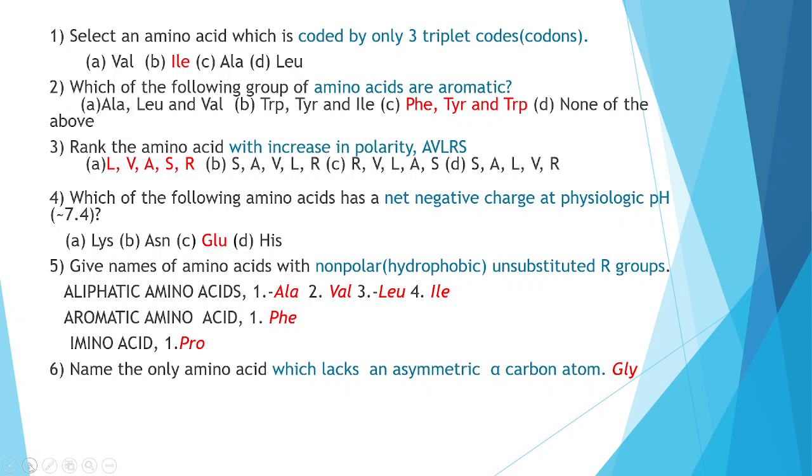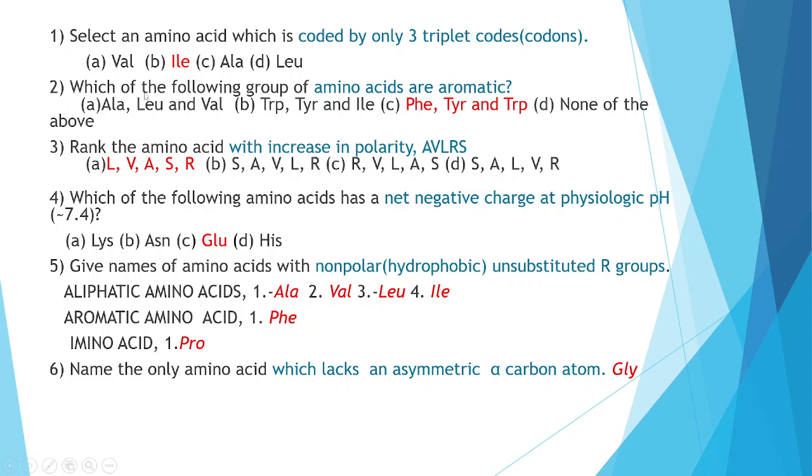So now it is time to give you answers. Here, amino acid which is coded by only 3 triplet codes or codons is isoleucine. I have already provided you codon table, and you can go through that and memorize a number of codons coding for single amino acids.